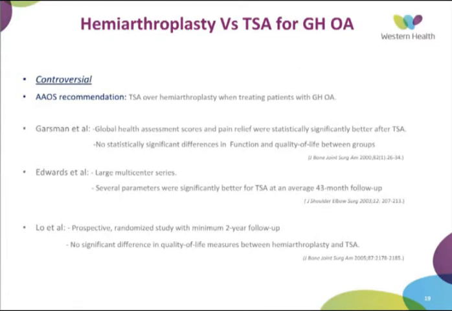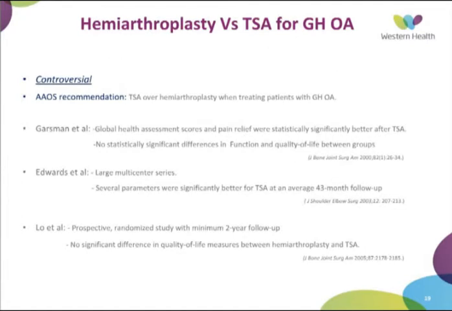One of the papers in favor of total shoulder arthroplasty was published in the Journal of Shoulder and Elbow Surgery in 2003. That was a large multi-center study and showed that several parameters are significantly better with total shoulder arthroplasty.